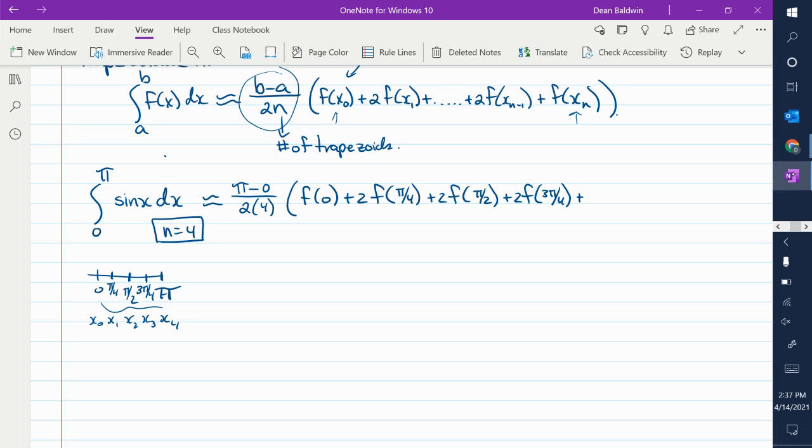I don't put a 2 in the last one. Once you do this a couple times, it kind of just flows. So this little bit on the outside here, pi minus 0 over 2 times 4, is pi over 8.